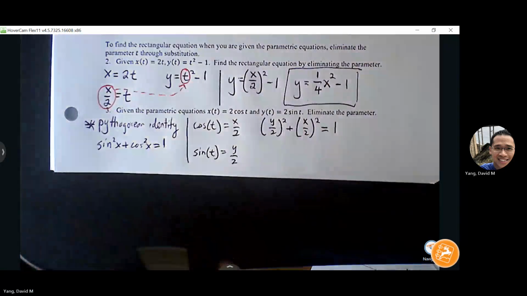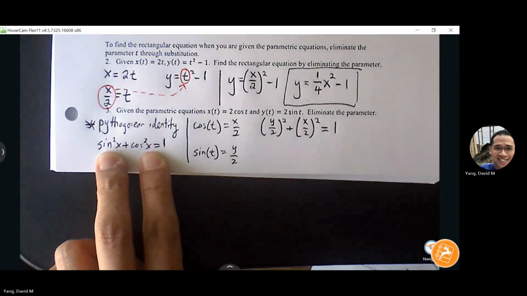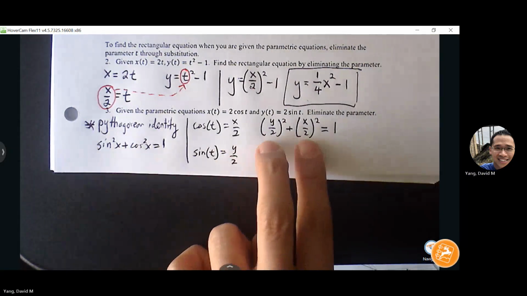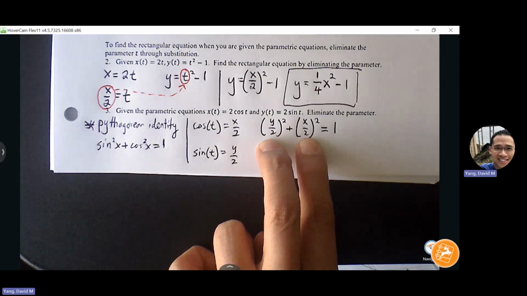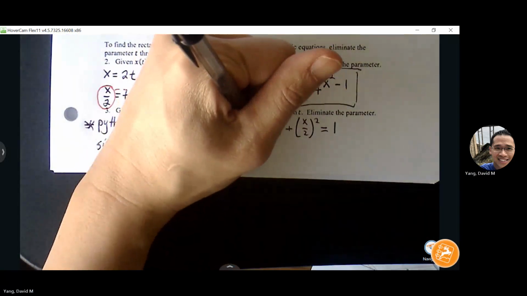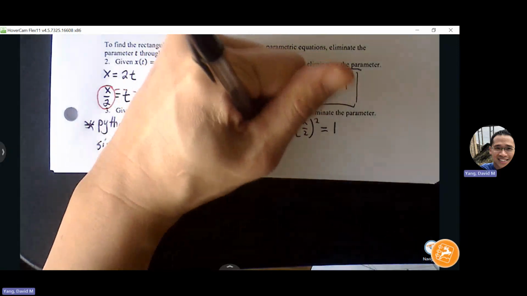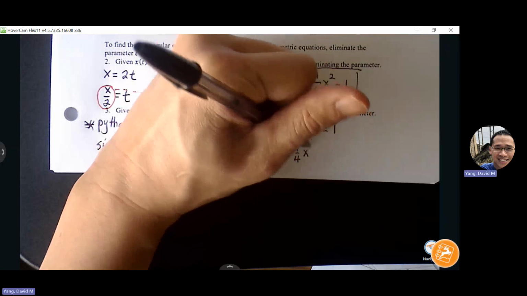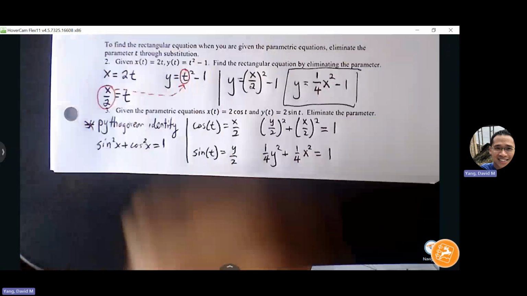squared equals 1. So if we know this is true, then I can just get this in terms of x and y and create an equation with the variable t eliminated. So this gives me 1/4 y squared plus 1/4 x squared equals 1.